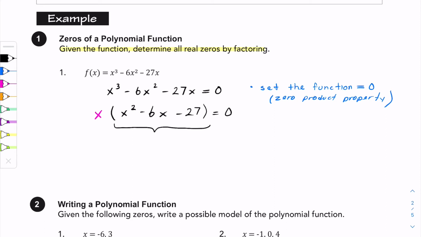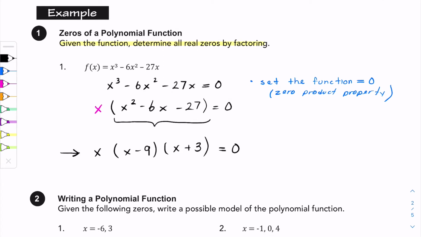I know I need two numbers that multiply to negative 27 and add to equal negative 6. That's going to be negative 9 and positive 3. When I factor this, I have two factors, x minus 9 and x plus 3. So total with the GCF, x times (x minus 9) times (x plus 3) is equal to 0.